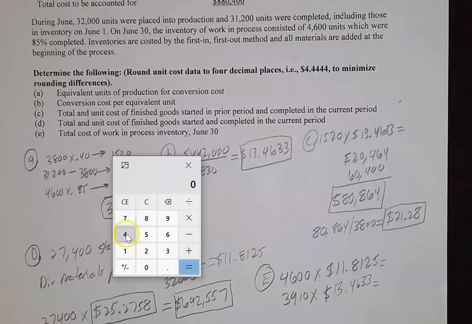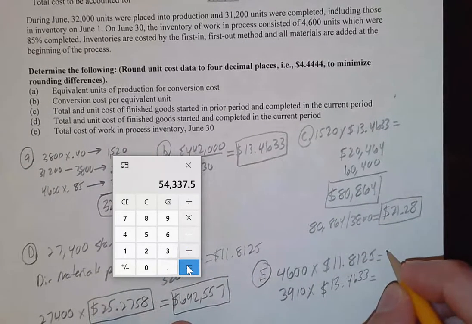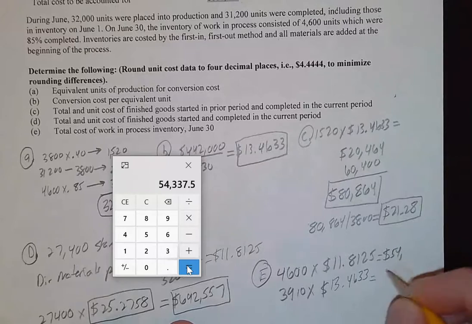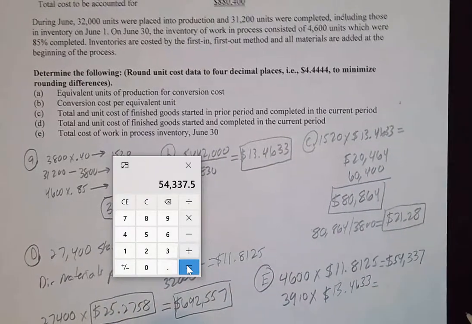Okay, so let's just go ahead and bring this over here, because what they're asking is the total cost of work in process inventory. We have 4,600 units that are 100% complete. So 4,600 times 100% is 4,600 times our calculated $11.8125. And that's going to give us $54,337.